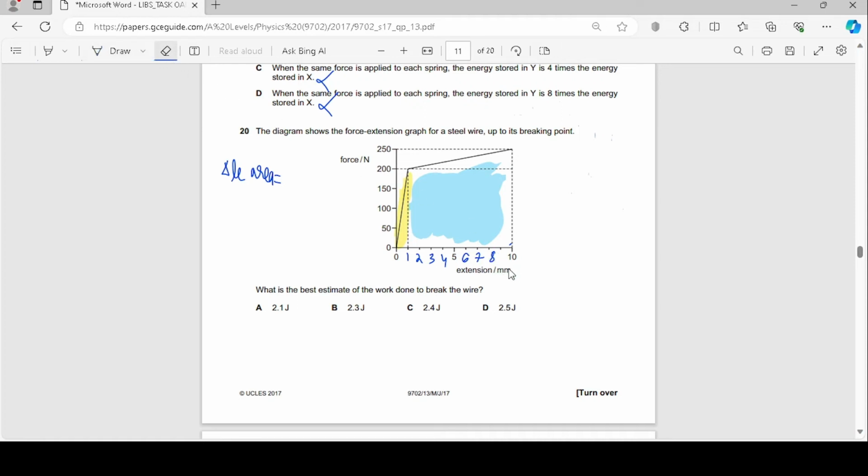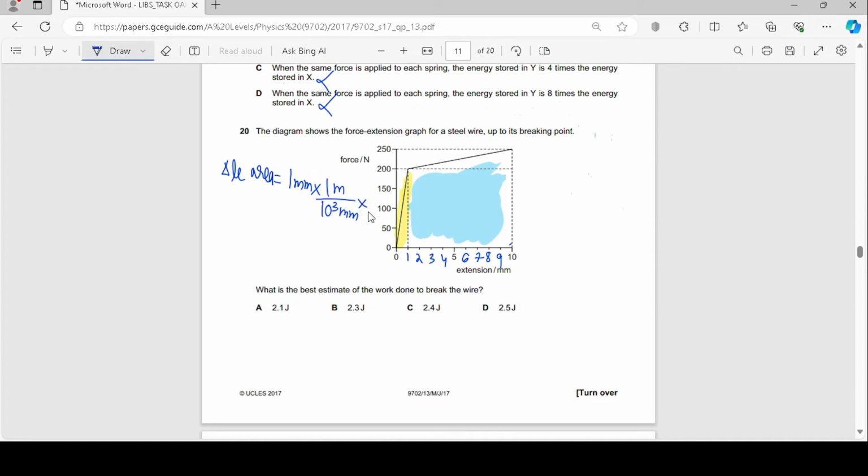So 1 millimeter, and I'm going to convert that to meters. 1 meter has 10 to the power of 3 millimeters, right?